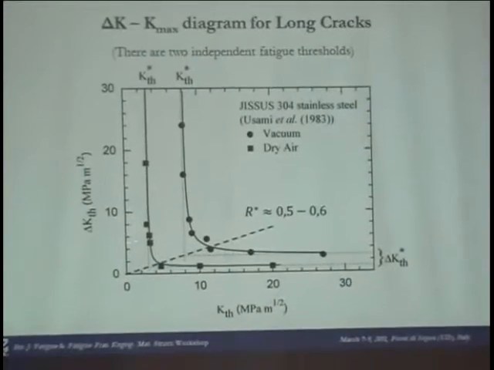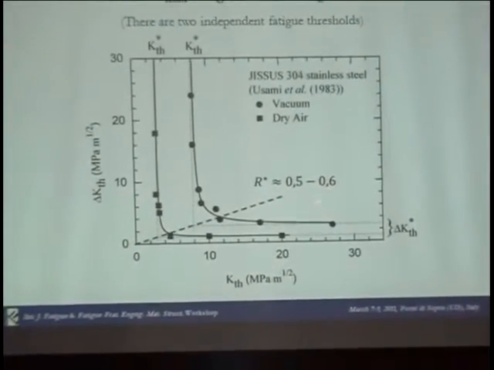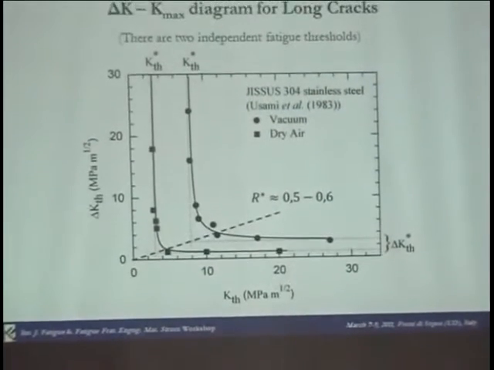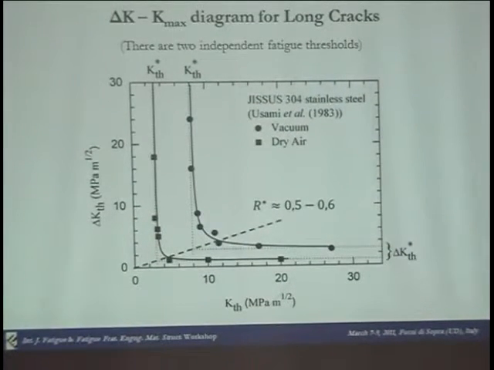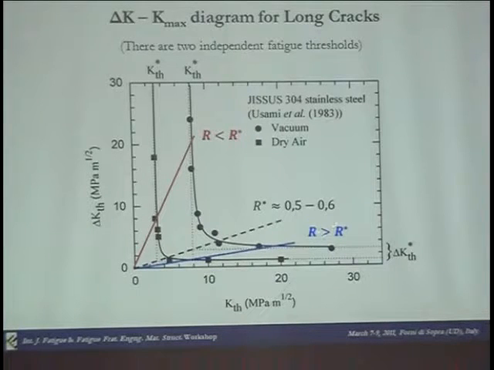And what we see here is that depending on the R ratio that we are using, we have two different behaviors. For instance, if we are using an R ratio bigger than a certain critical value, 0.5, 0.6, we see that the threshold is controlled by what some authors call a cyclic threshold, which we represent here as delta K threshold star.